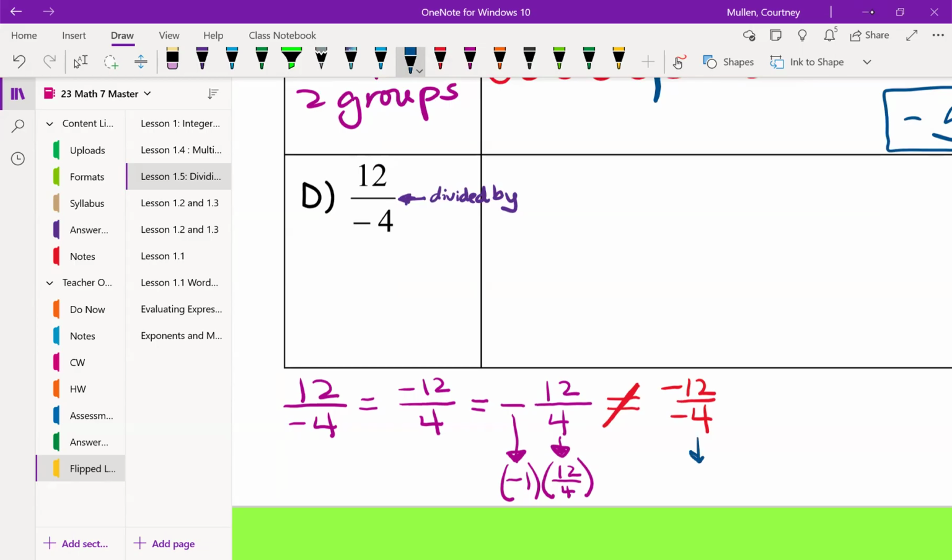Yeah, so this would give you a positive quotient. Okay, so now that we know, we're going to use -12 divided by 4, which means -12 split into 4 groups.